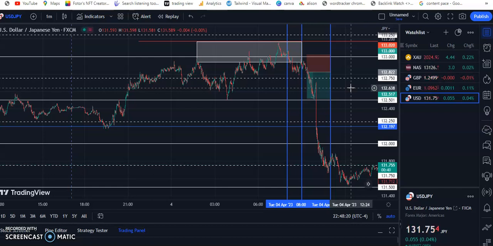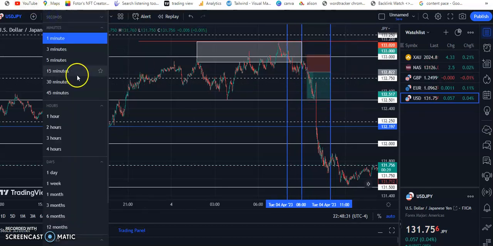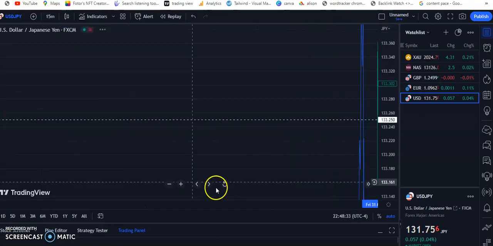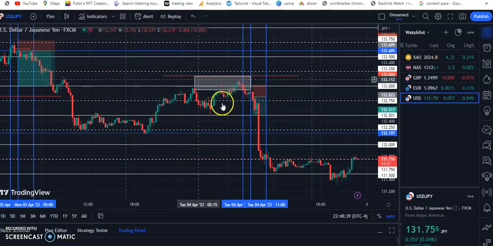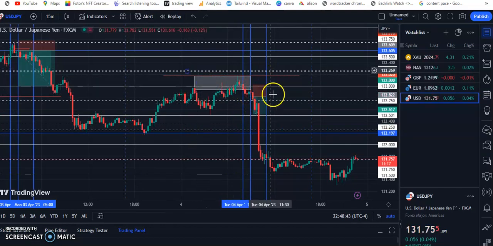One trick that I have come to find very, very useful is actually looking at the pump and dump setups in the 15 minutes time frame. Look at the way it has formed. Now, if you see a pump and dump setup, then you know that even if you go to the 1 minute time frame, you can never be wrong.